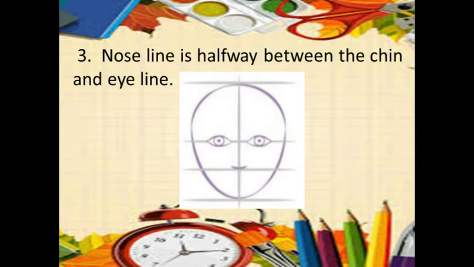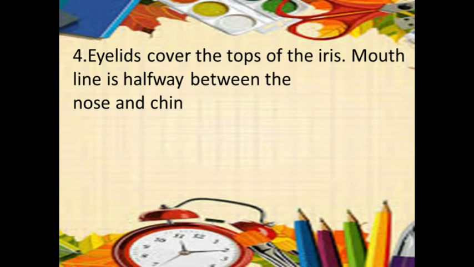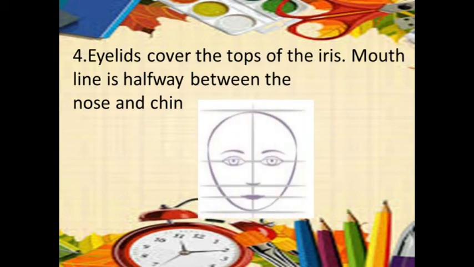So next one, the fourth step is the eyelids cover the tops of the iris. Mouth line is halfway between the nose and the chin, like this. So we already drew the eyes, nose, and the chin. So now it says that the eyelids cover the tops of the iris.